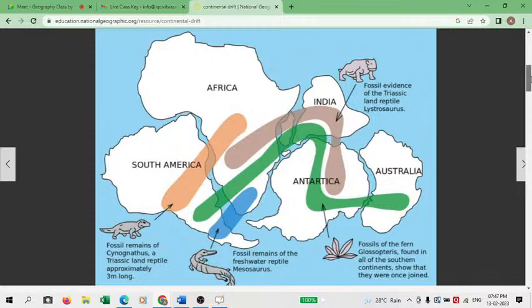That is not possible. So critics said yes, we agree, because the fossil evidence was presented and it was found correct.